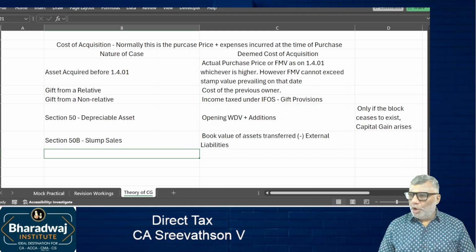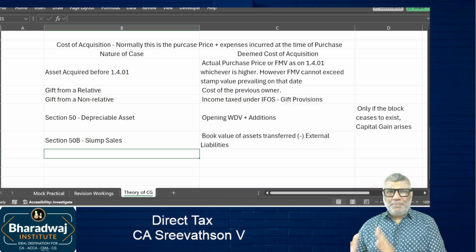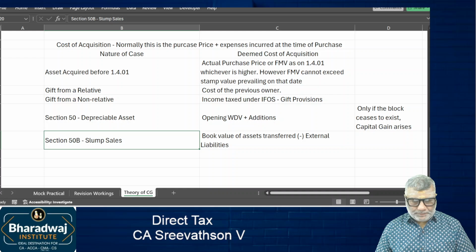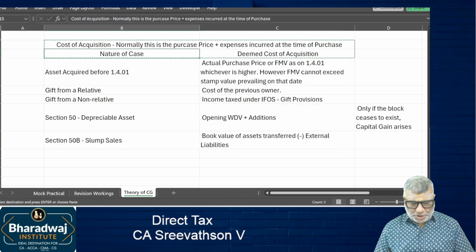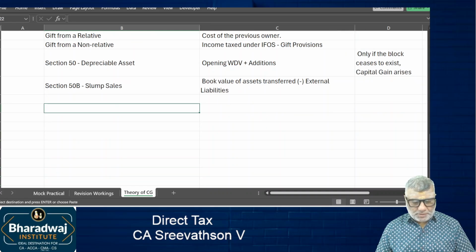Okay, clear? Okay. Now I'm doing a separate table for shares. Same cost of acquisition only, but separately for shares.